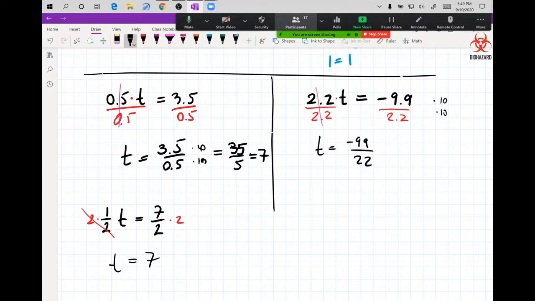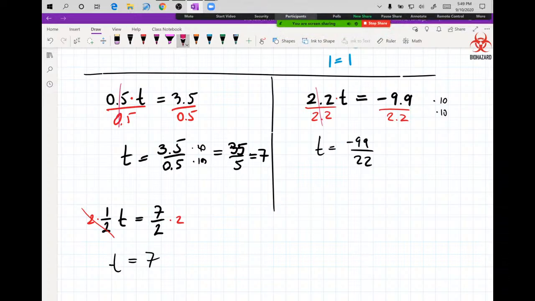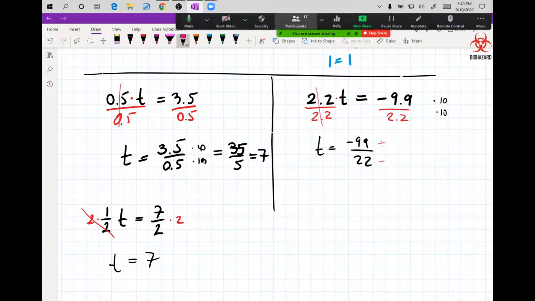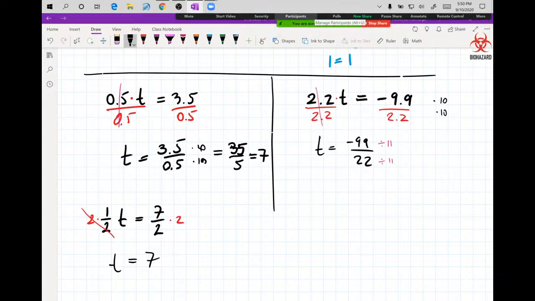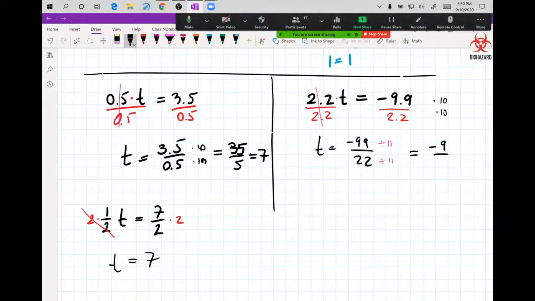And I hope that you see cancellation here, because both numbers are divisible by what value? 11. Very good, very good. So the answer ends up being negative 9/2, which is really, really cool, in my never humble opinion.